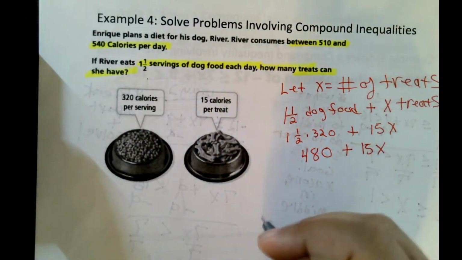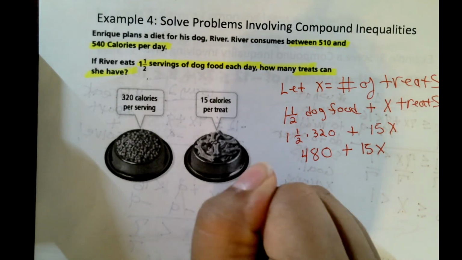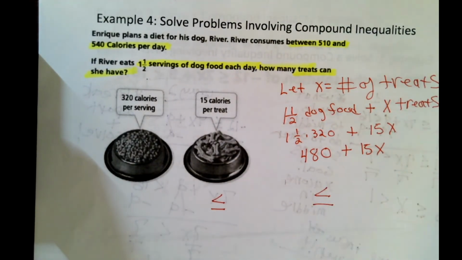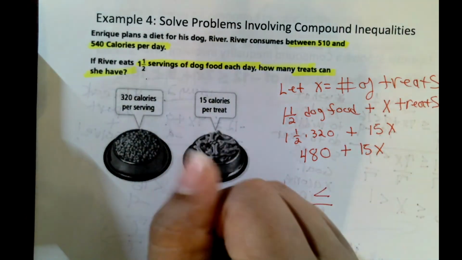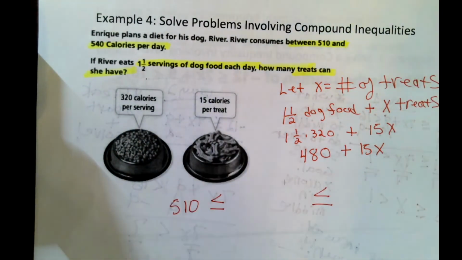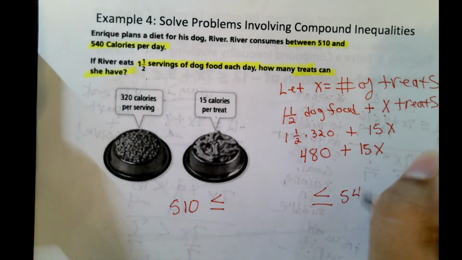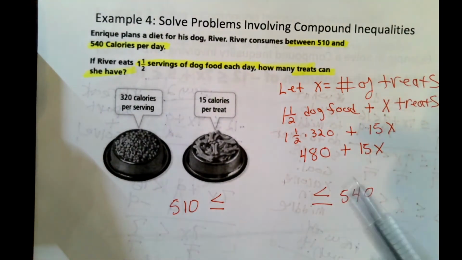Less than or equal means that we can get 510 or we can get 540. So let's go ahead and put 510 here. Because we want all the food to be greater than or equal to 510, but we don't want to go over 540. So all the food here in the middle needs to be less than or equal to 540. Well, we already came up with the expression 480 plus 15x is the food that we get every week.